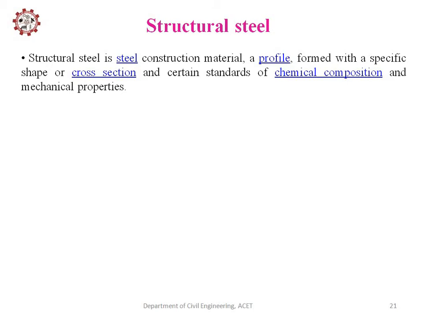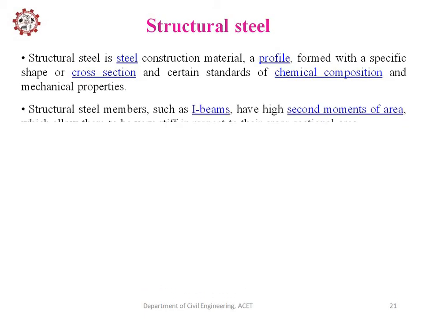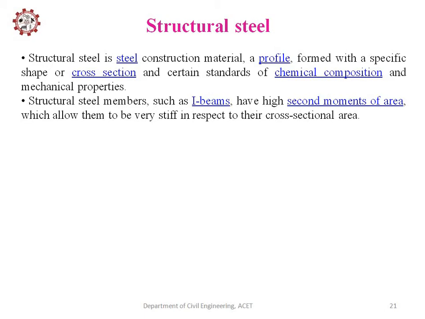Structural steel is a steel construction material, a profile formed with a specific shape or cross section and certain standards of chemical composition and mechanical properties. Structural steel members such as I-beams have high second moments of area, which allow them to be very stiff with respect to their cross-sectional area.